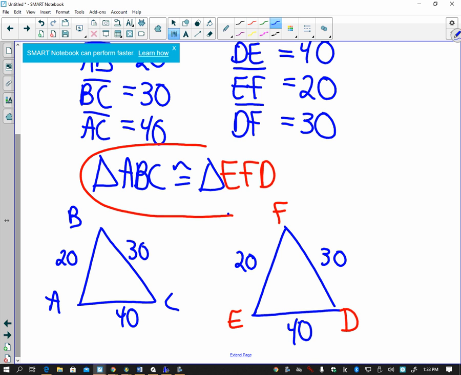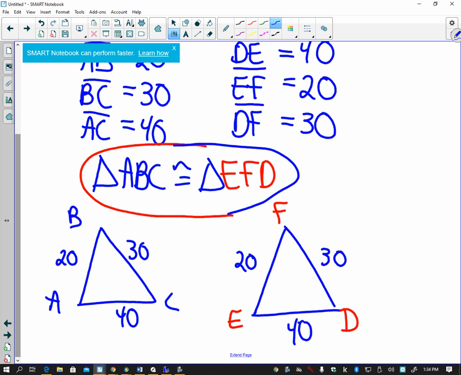So the best way to do it is to draw those triangles, and you could do it a little differently. You wouldn't have to draw it so that it matches 20, 20, 30, 30, 40, 40. You could draw both triangles, ABC and DEF, but your numbers are going to be in different places, and you can still see what goes with what.